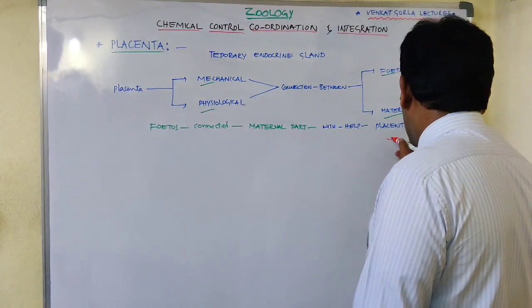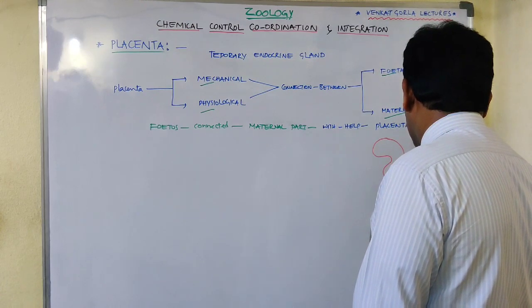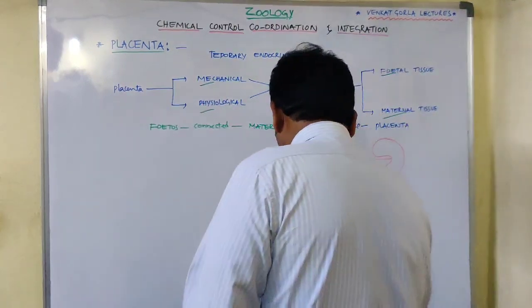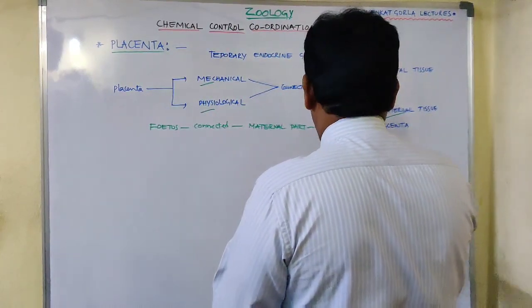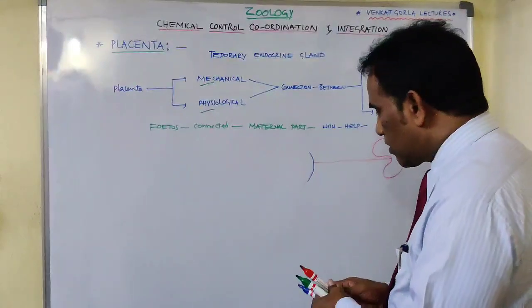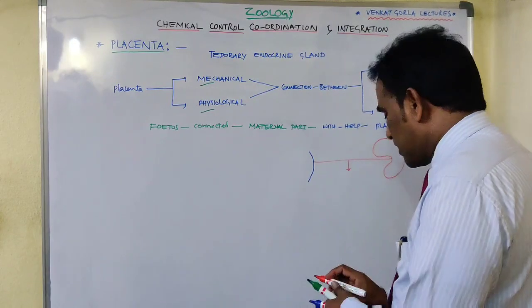If you see this, think for a while, it is a placenta, it is a fetus. It is connected to maternal part through means of a tissue. This is called placenta.